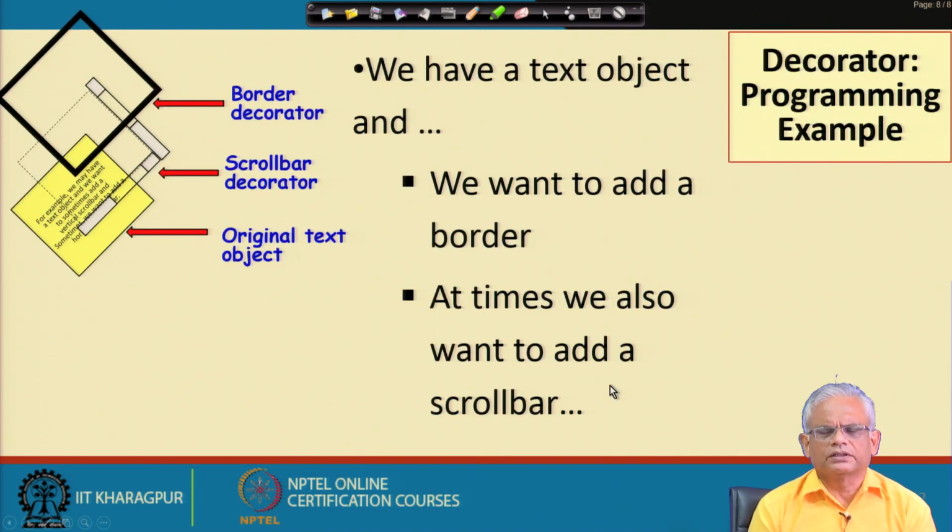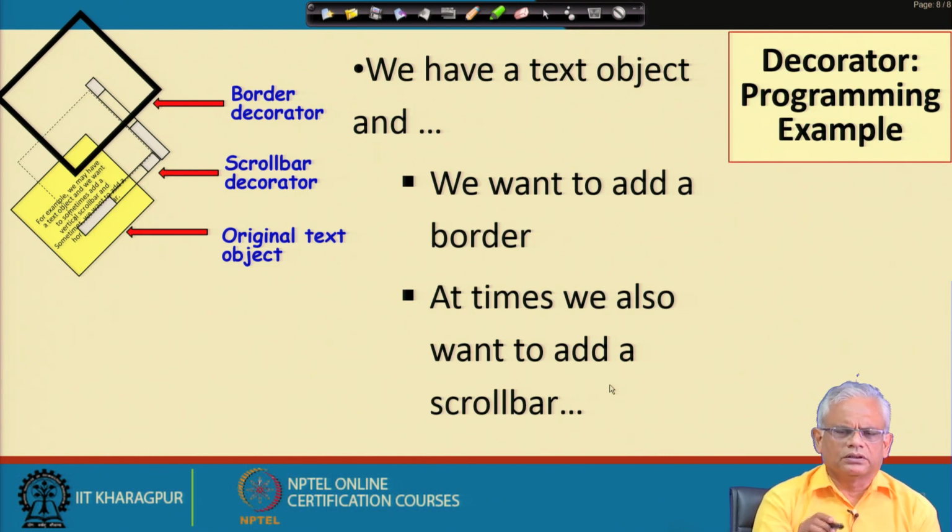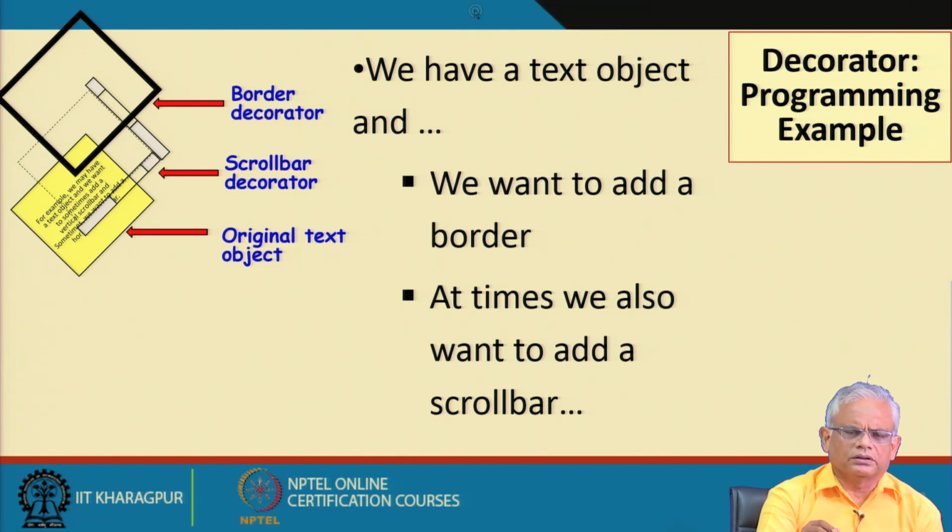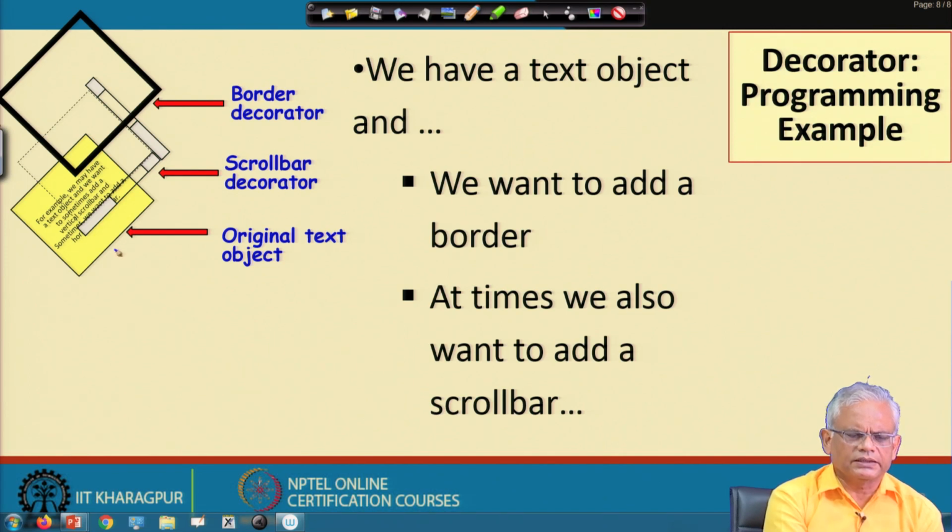Now, let us look at how to attach a border and a scroll bar. We want to attach two decorators. This is the original text, and then we want to attach a scroll bar and we want to attach a border.